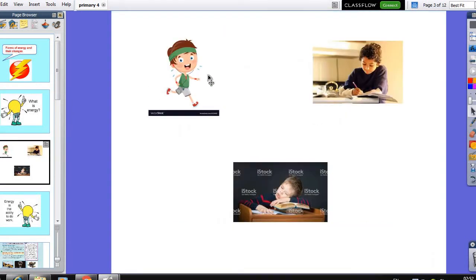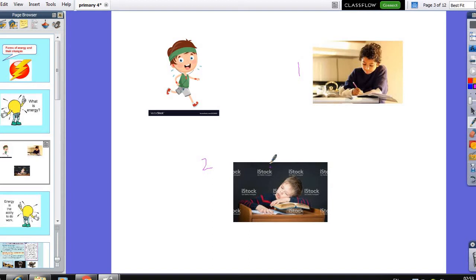let's see these pictures. When I ask you, if I have two pictures like 1 and 2, this is 1 and this is 2, and I will ask you which one has more energy to do his homework, 1 or 2.